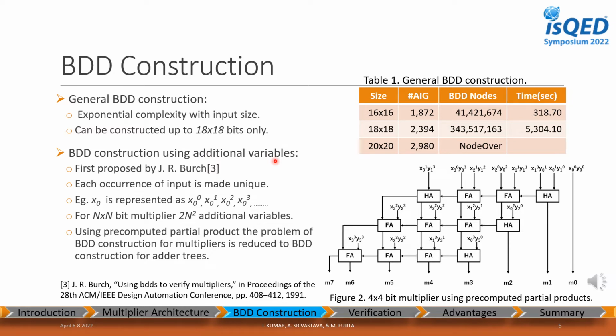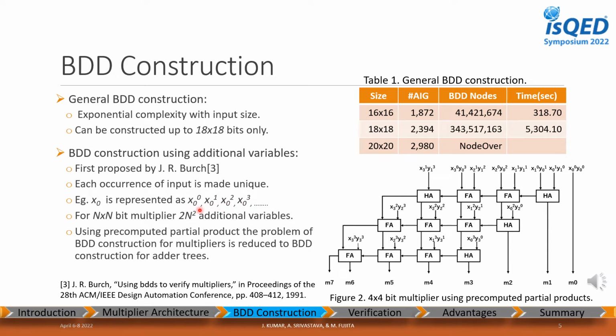We are using pre-computed partial products as BDD variables, such as the partial product x0 y0 becomes x00 y00, x0 y1 becomes x01 y10, and so on. Each occurrence of an input is represented as a unique variable.